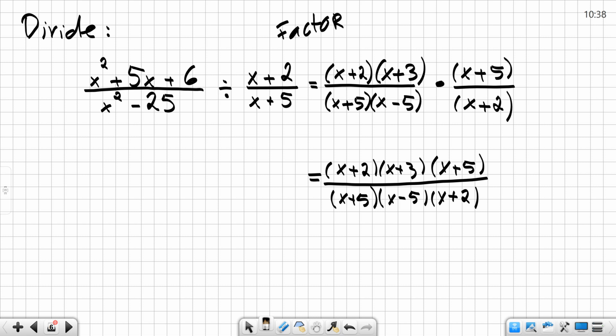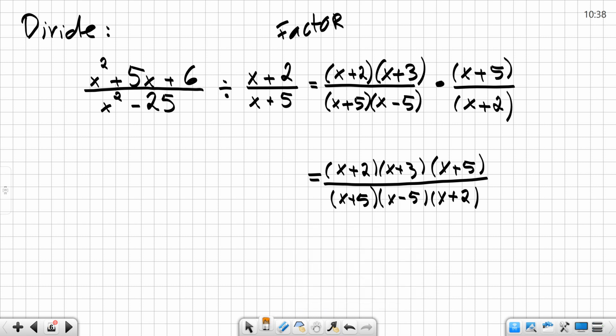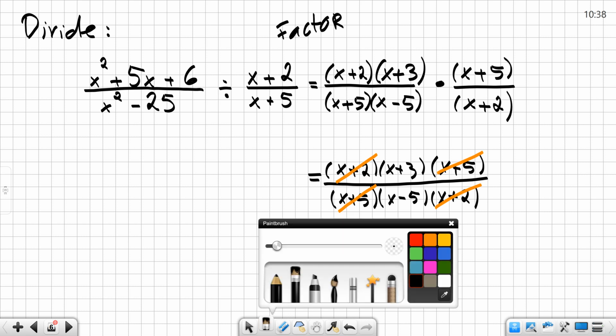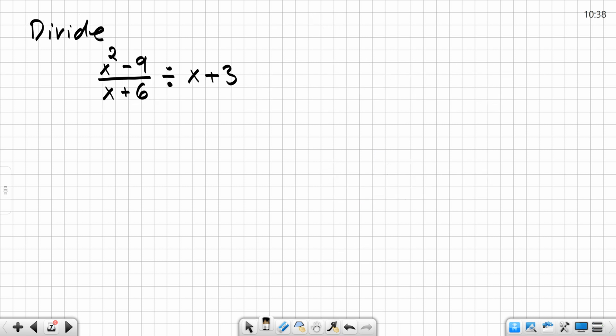And you see the only really complicated thing is the factoring. Because now what I'm doing, I'm searching for common factors. I cancel out as many factors as I see that are the same in the top and the bottom. And then I'm just going to collect the rest. X plus 3 divided by x minus 5 is all that is left, and I am done.